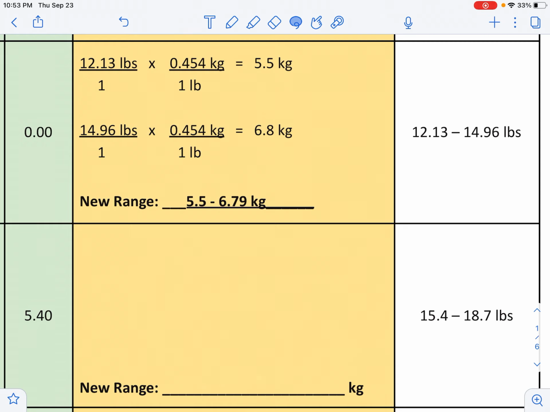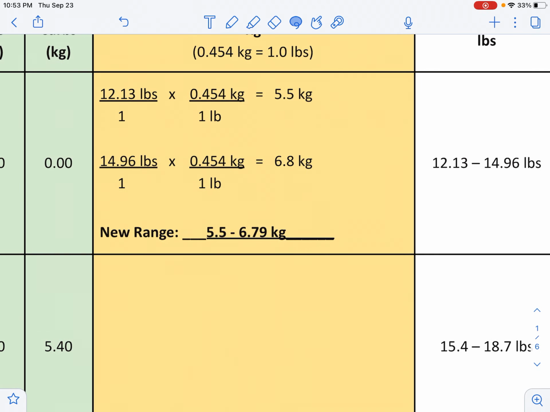This is where our conversion factors come into play. You can see that we have our pounds to kilogram conversion going on right here with the first lion. They converted 12.13 pounds to kilograms and 14.96 pounds to kilograms.